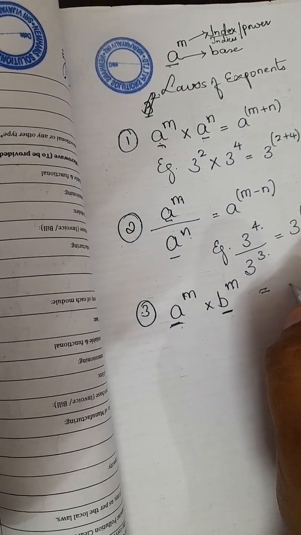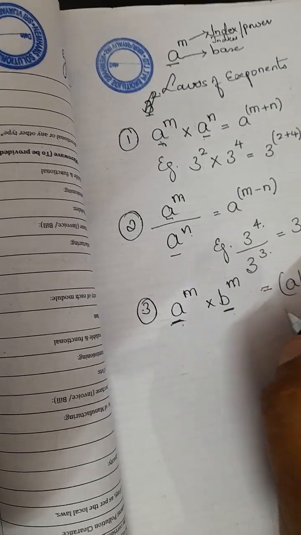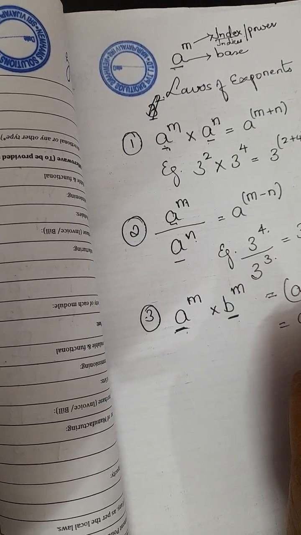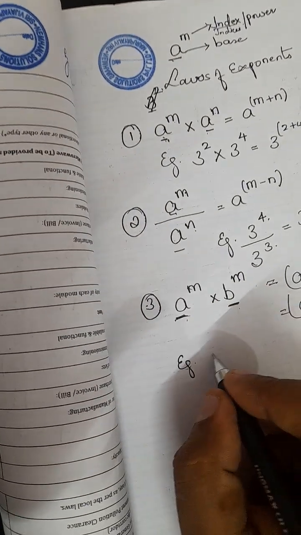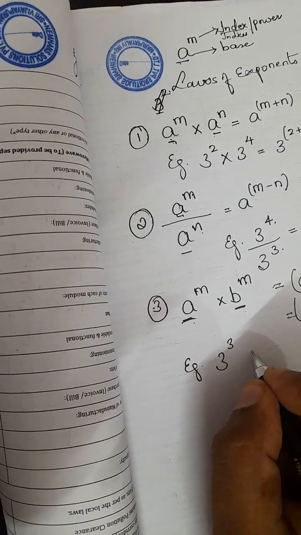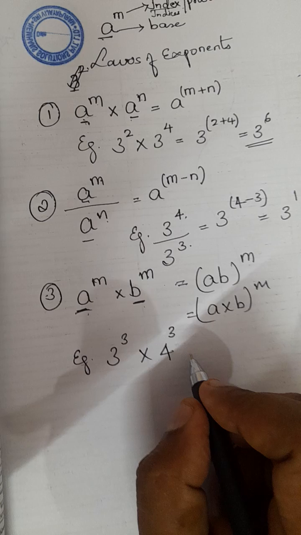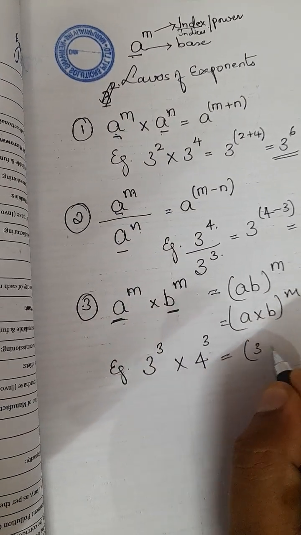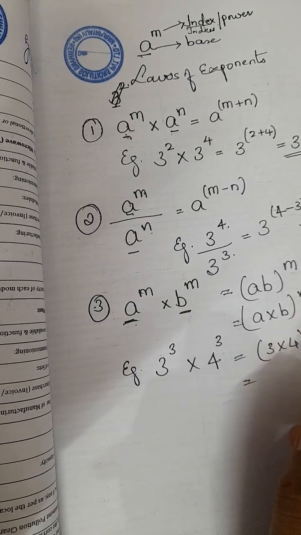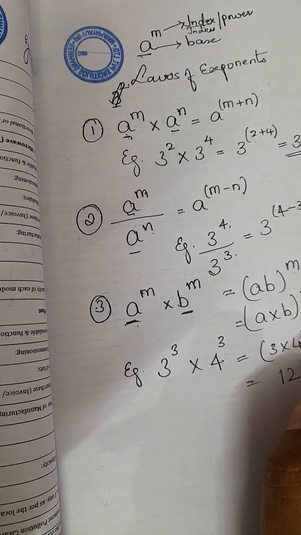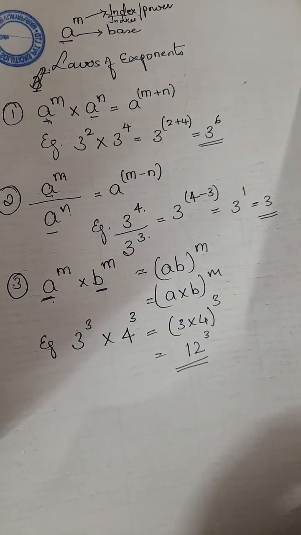So in this case, it is ab to the power m, that is a into b whole to the power m. Example, 3 to the power 3 into 4 to the power 3 is equal to 3 into 4 to the power 3, that is 4 threes are 12 to the power 3. This is your answer, right?